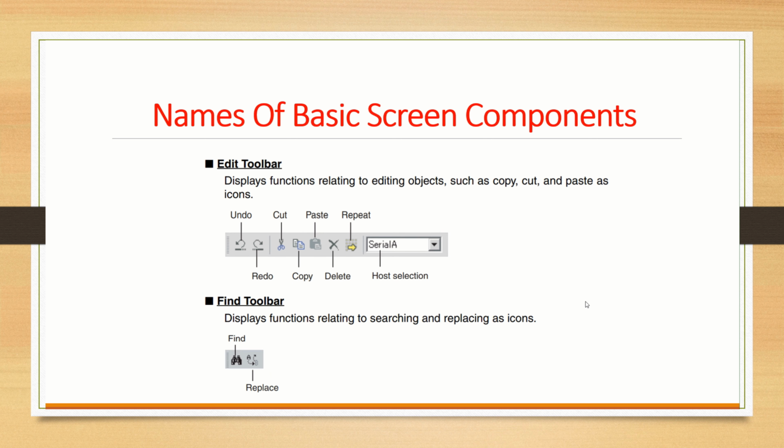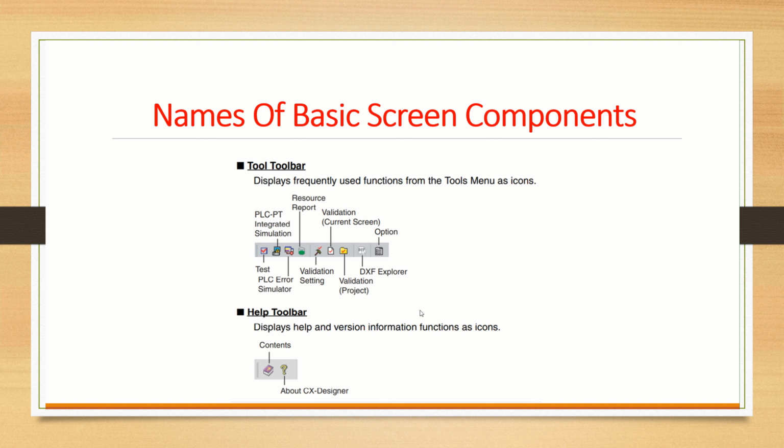We can also see the edit toolbars and the find toolbars. The tool toolbar displays the frequently used functions from the tools menu, and the help toolbar displays the version information function of the CX Designer application.